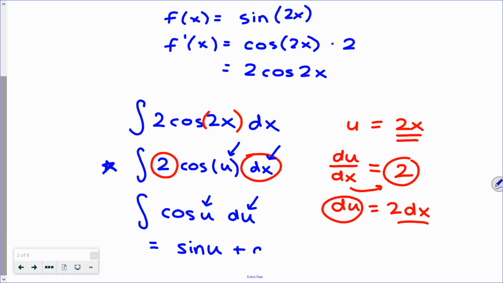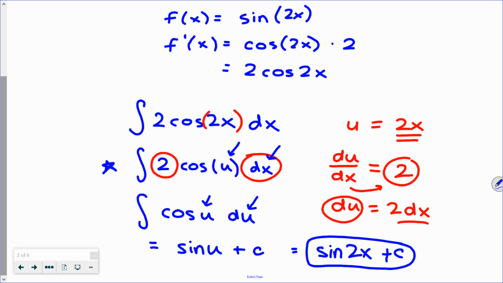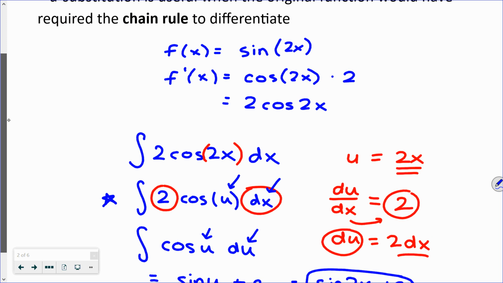Don't forget to put a plus c when you do an antiderivative. And of course, the original question wasn't in terms of u, it was in terms of x. So we want to change our u back to the thing that we defined u to be, which was 2x. So we'll put sine 2x plus c as the antiderivative of 2 cosine 2x, which we knew was going to be the answer because that's actually how we started this slide.